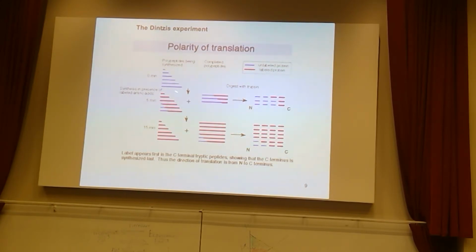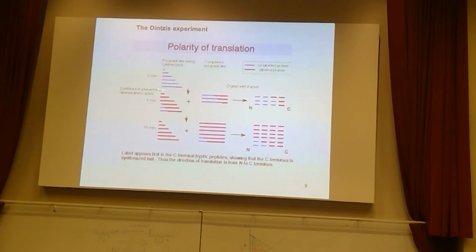All right, so what happens when he just collects material right at the 0 time point? Well, polypeptides are being synthesized on the ribosome, but they're different lengths, and none of them have any radio label because none of it was added for any period of time.